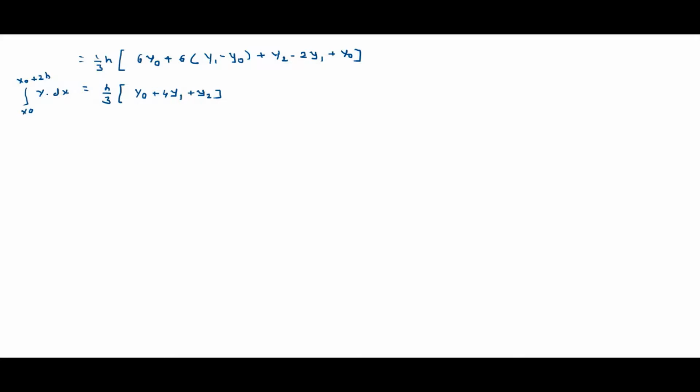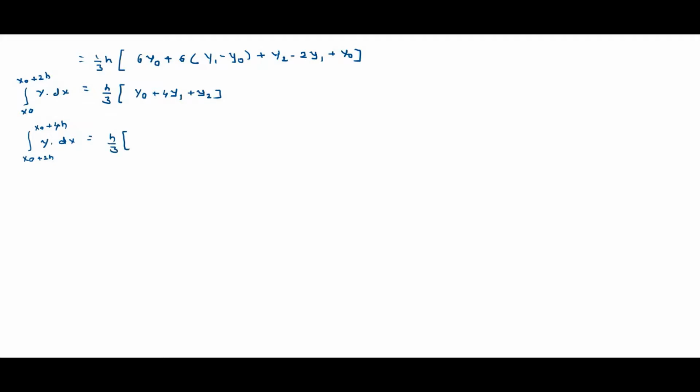Similarly, the next integration we can write as x0 plus 2h to x0 plus 4h of y into dx is equal to h divided by 3. I will write here directly.